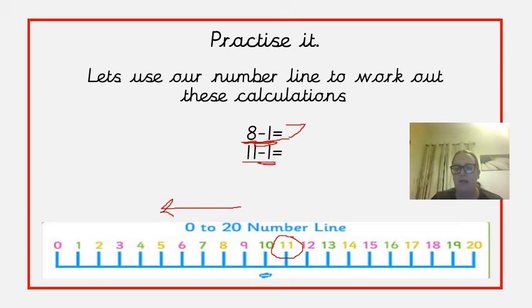Here it is. It's taking away 1. Show me on your fingers. Taking away 1. Let's go on 11. Do a big jump to the left, to number 10. The answer is 10. 11 take away 1 is 10.